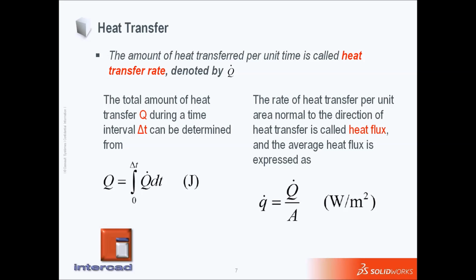We simply denote it by small q with a dot on top, where it is big Q dot over the cross-sectional area normal to the heat transfer direction. So these are the basic terminology, and you shouldn't be confused before doing any studies: heat transfer rate and heat flux.